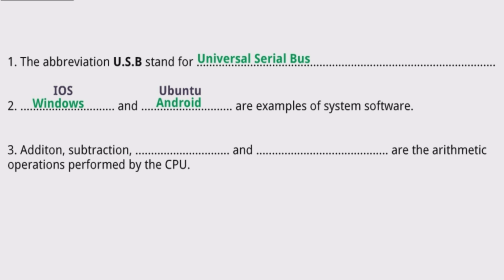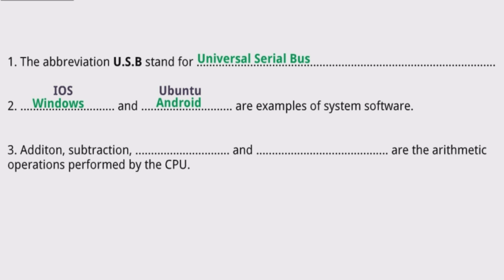Okay, we come to question 3. Addition, subtraction, dash, and dash are the arithmetic operations performed by the CPU.